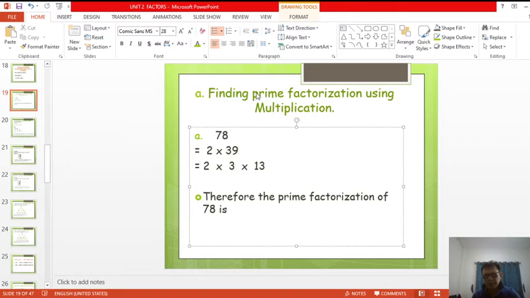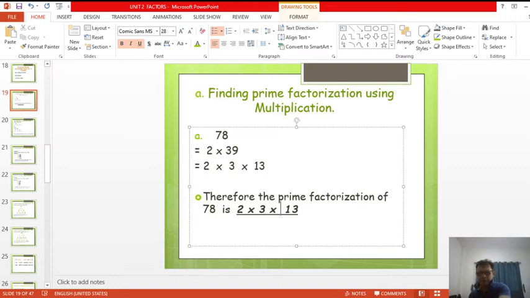So that is your answer. The prime factors of 78, or the prime factorization of 78, is 2 times 3 times 13. That's it. Let me highlight that one and slide it down so that it is defined as your answer.